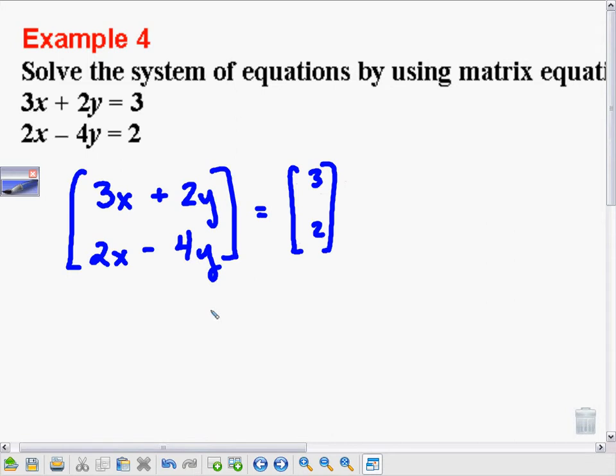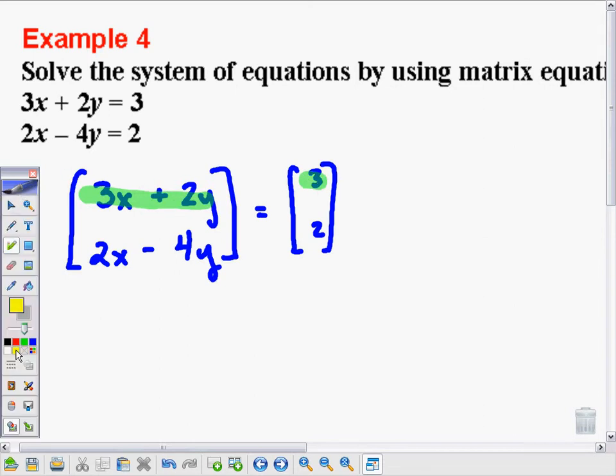Now, this was one of our very first things we did with matrices. We said that this matrix says that this is equal to this, and this is equal to this, which is just what our original system said, right? It doesn't say any different. We're just writing it as a matrix.